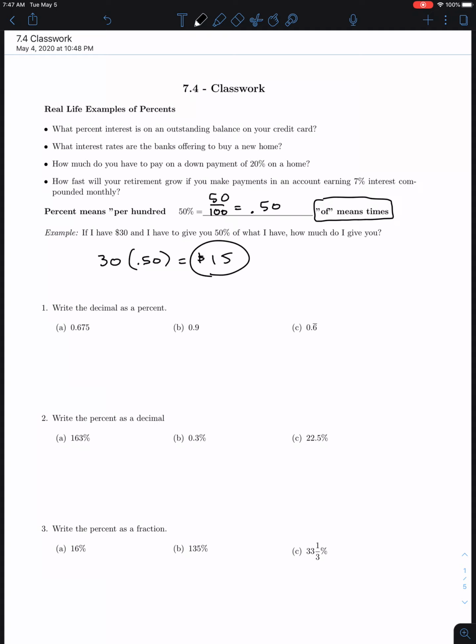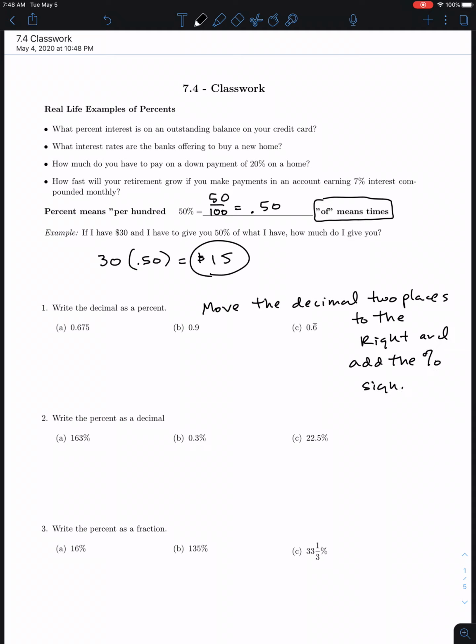So now we want to write a decimal as a percent. The main thing we want to do is move the decimal point 2 places to the right and add the percent sign.